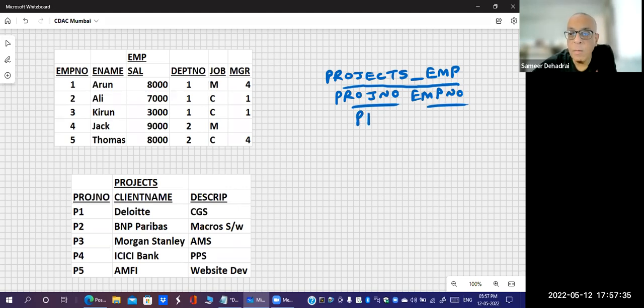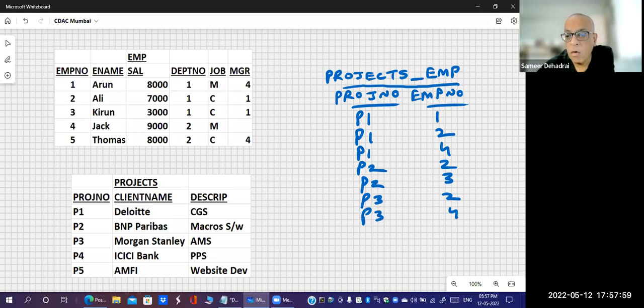So project number P1, employee number 1, 2, and 4 are working. Project number P2, employee number 2 and 3 are working. Project number P3, employee number 2, 4, and 5 are working.